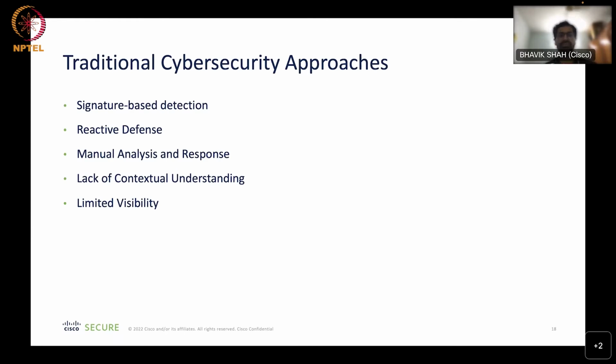The reason it is not trustworthy going forward is that attackers are also becoming smart. They know what intrusion detection or prevention mechanisms are available in your network, and they keep learning new techniques to bypass them.